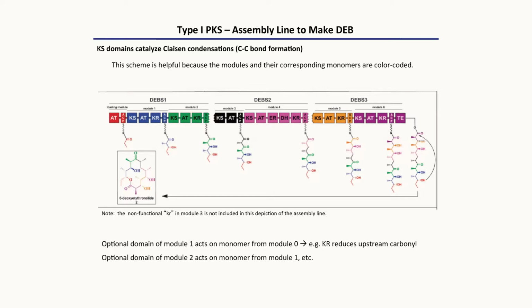If we look at this one, which I like because they color code the different modules along with the monomer, it's pretty easy to trace what's happening. So for instance, here we have the loading module, and we have the starter unit in red. And here we see that it's been reduced by the ketoreductase of the upstream blue module. Okay, here we have the green module, here is its monomer, and we see its ketoreductase acted on the blue monomer from module 1, et cetera here.